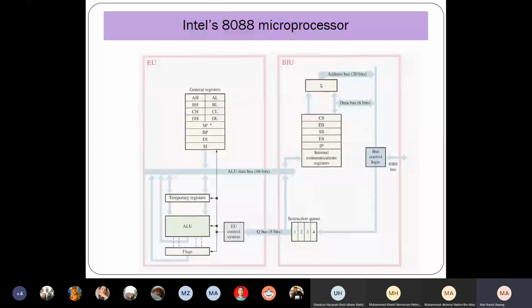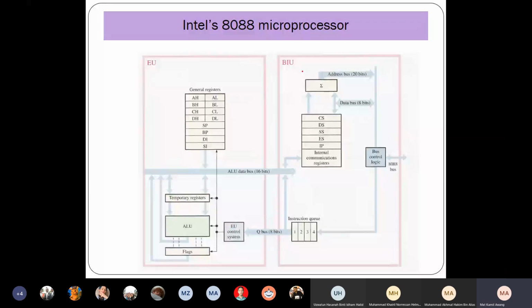All this you can read in the textbook. They are the pointer and index registers. You also have the temporary register, the ALU, and the control unit. So this is under the EU, the execution unit.